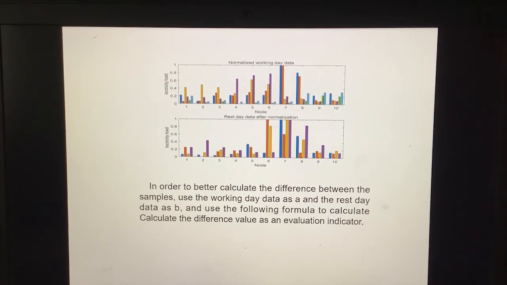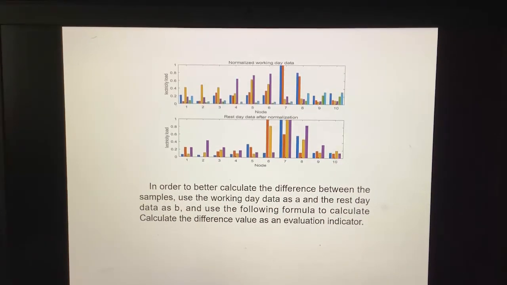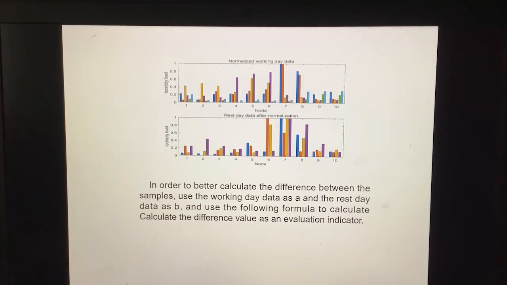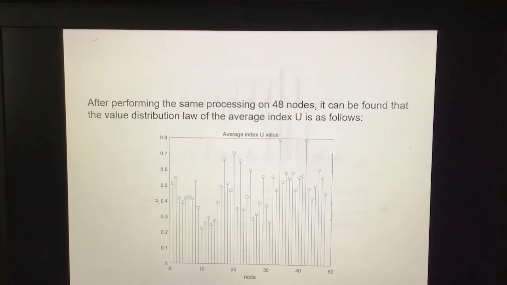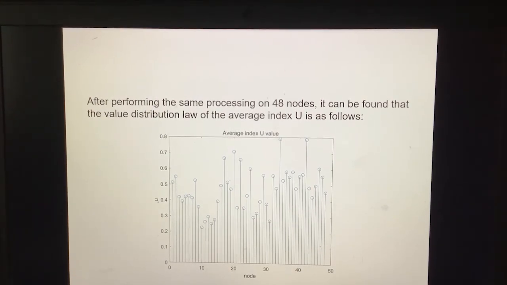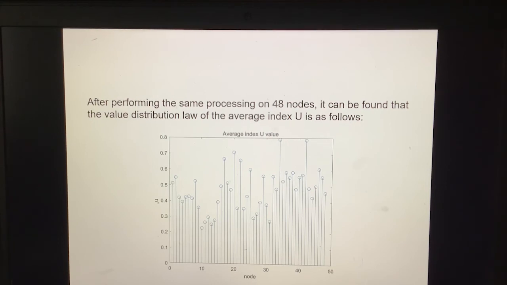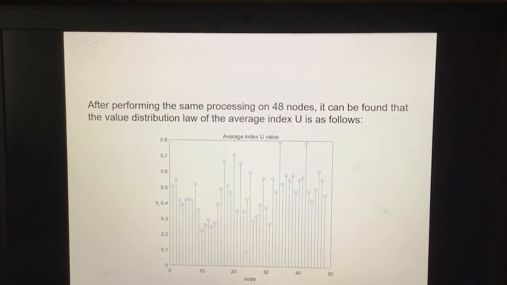In order to better calculate the difference between the samples, use the working day date as A and the rest date as B, and use the following formula to calculate the difference value as an evaluation indicator. After performing the same processing on 89 nodes, it can be found that the value distribution law of the average index U is as follows.